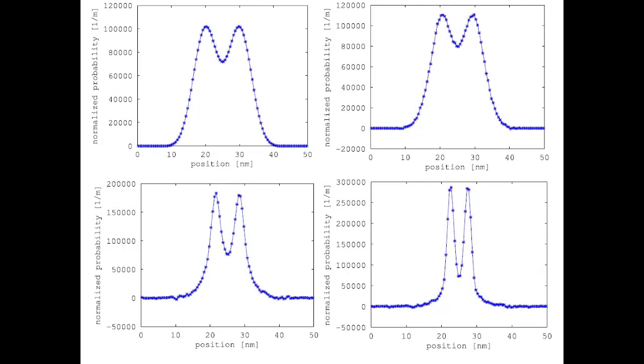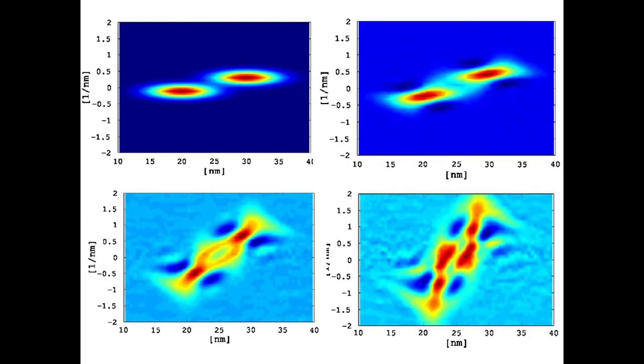We can now see this very same phenomenon, but this time in the phase space. This axis is the position, and this axis represents the momentum. We have these two electrons which have different momenta, one positive, the other negative, so we are pushing them one against the other.